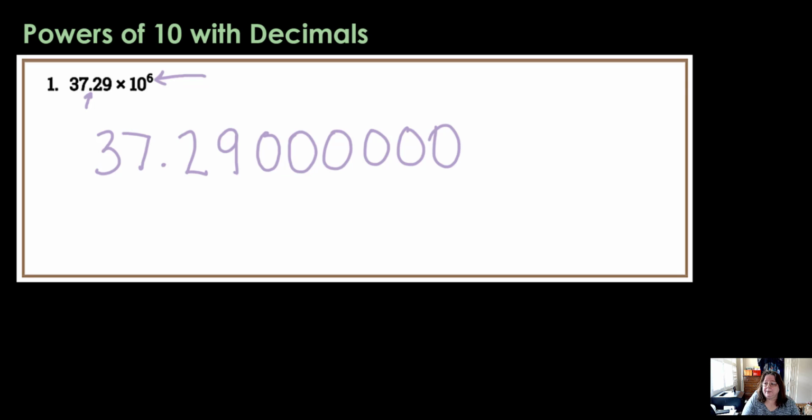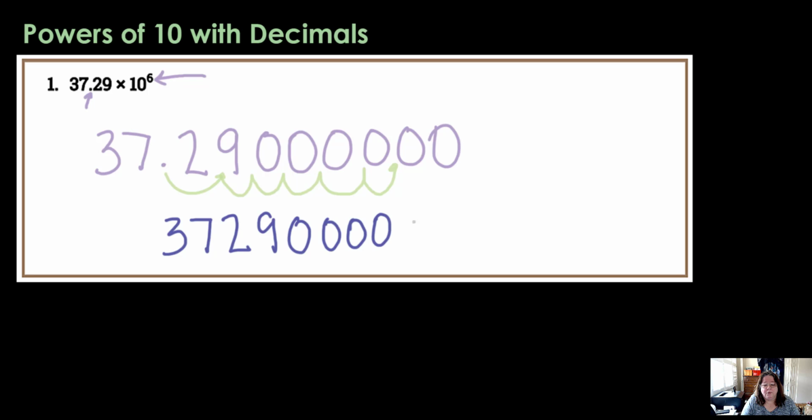Let's do that. Okay, here I am. Here's 1 place, 2 places, 3 places, 4 places, 5 places, 6 places. So I'm going to rewrite my number. 37, 2, 9, 1, 2, 3, 4 zeros.